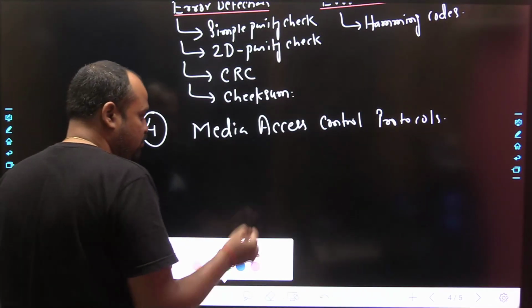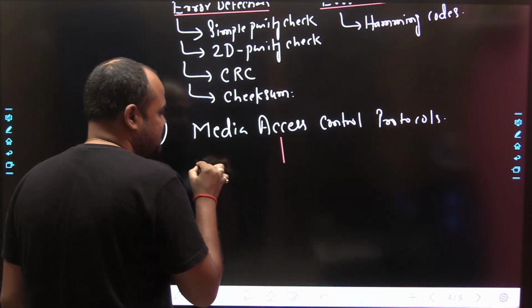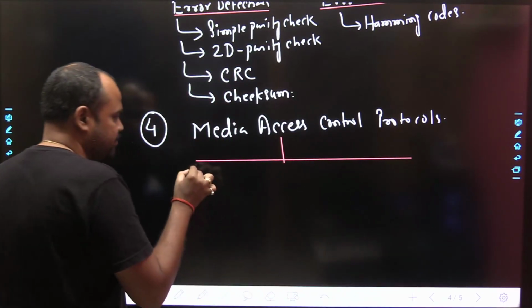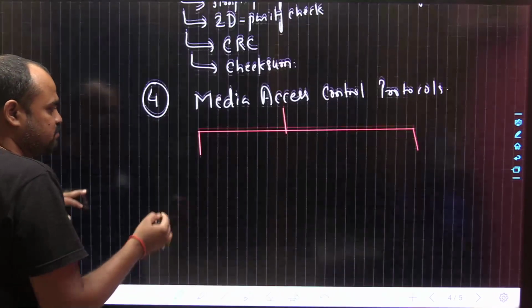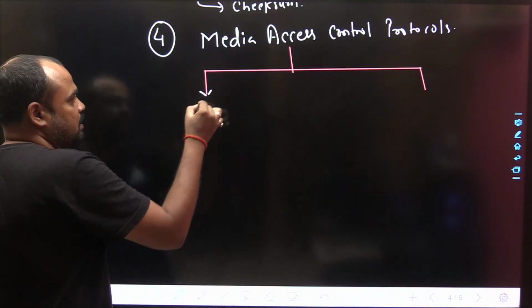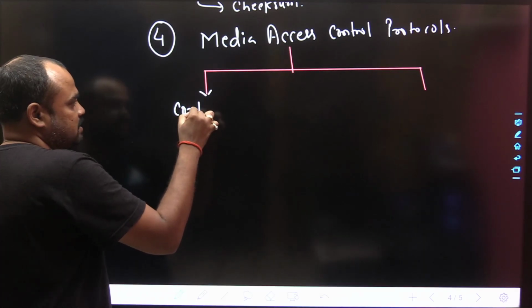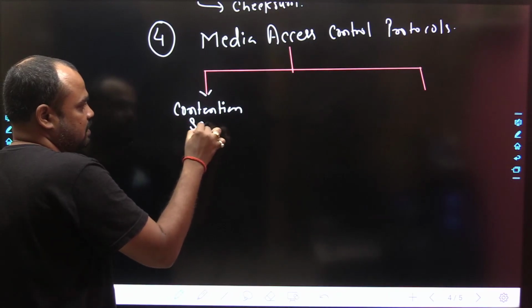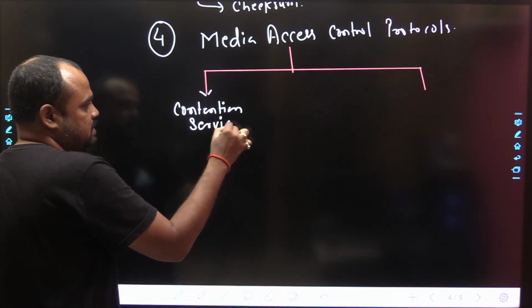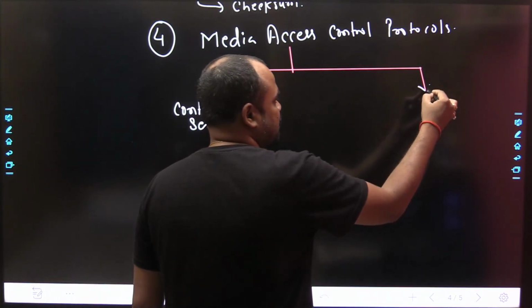One is the contention free, and the second one is the contention based. The media access protocol has been divided into two parts. One is called contention, and the second one is the contention free.